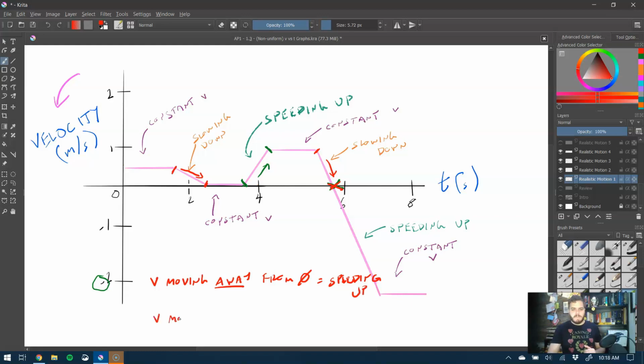If V is moving toward 0, we are slowing down. It does not matter if we are moving toward or away from 0 on the positive side of the axis or the negative side. If we are going away from the axis, we're speeding up. If we're going towards the axis, we're slowing down.